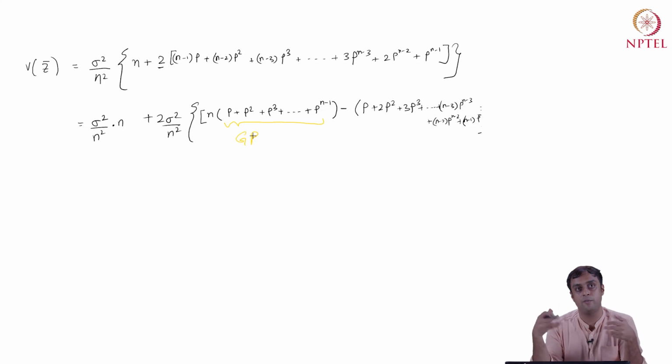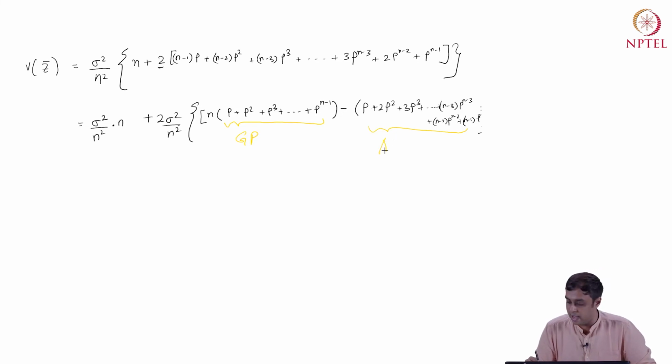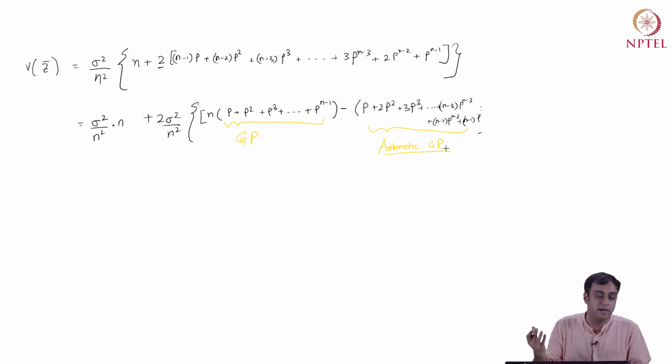And this one which is deducted from it is an arithmetic geometric series, right? So it's a combination of an arithmetic progression and a geometric progression. And it turns out that we have standardized formulae for summing a geometric progression as well as an arithmetic geometric progression. So I'm going to simply apply these.